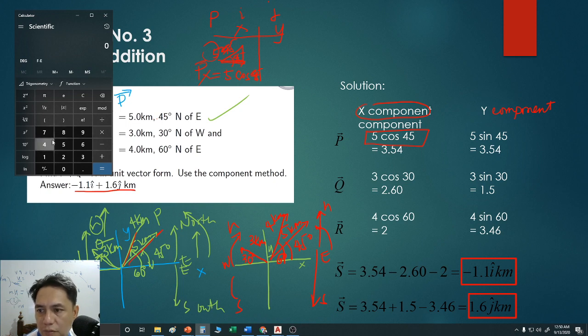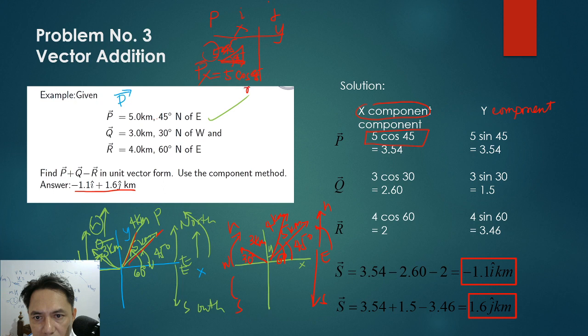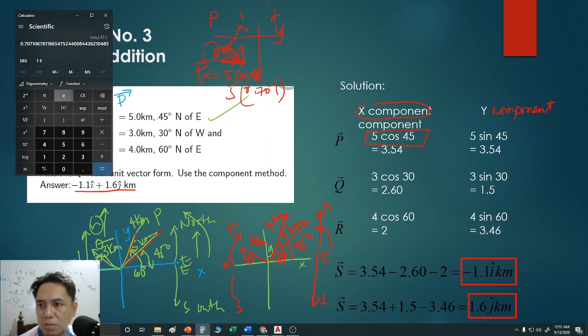So 45 degrees cosine. Yeah, trigonometry cosine. So we are given 0.707, and let me jot it down. So cosine 45 is 0.707 times 5. So we just have to multiply that by 5.